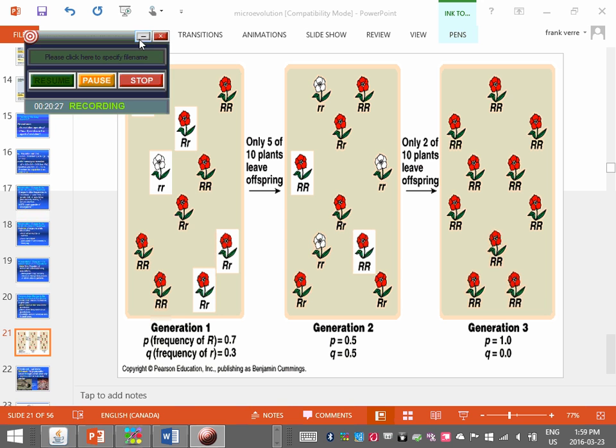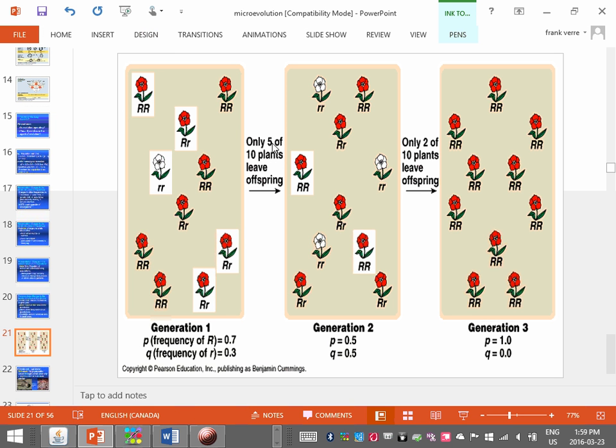Yes, I am. This population initially has how many plants? How many do you see here? 10? There's 10 plants here: 1, 2, 3, 4, 5, 6, 7, 8, 9, 10. The red allele here is 70%.